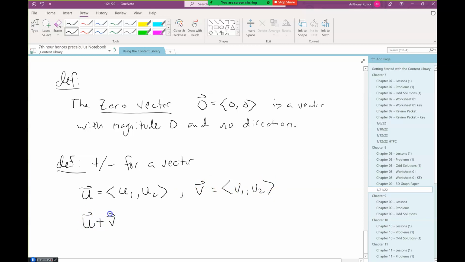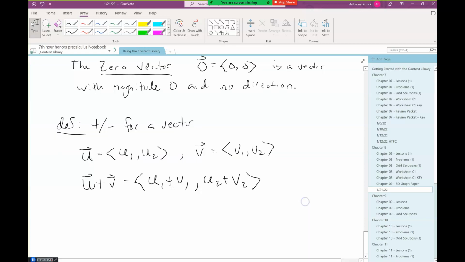If I want to add v and u, I'm just going to add them component-wise, which is really nice. That's exactly the way we'd want it to work: we add the first components, we add the second components, and that's it.